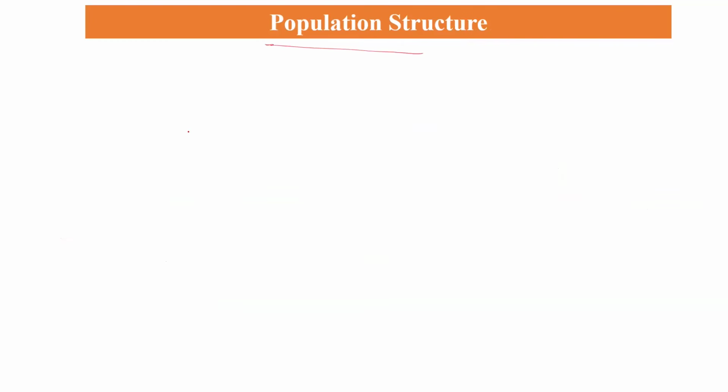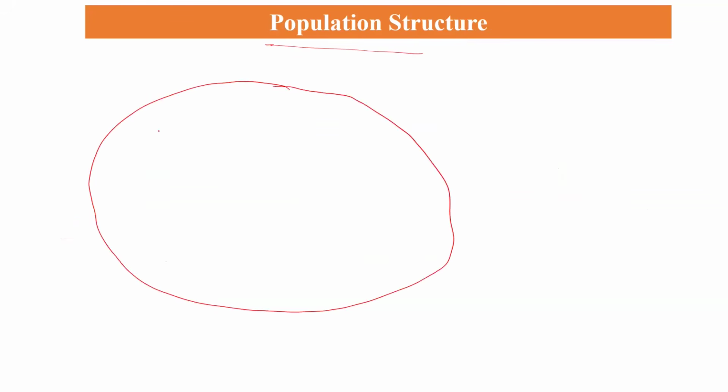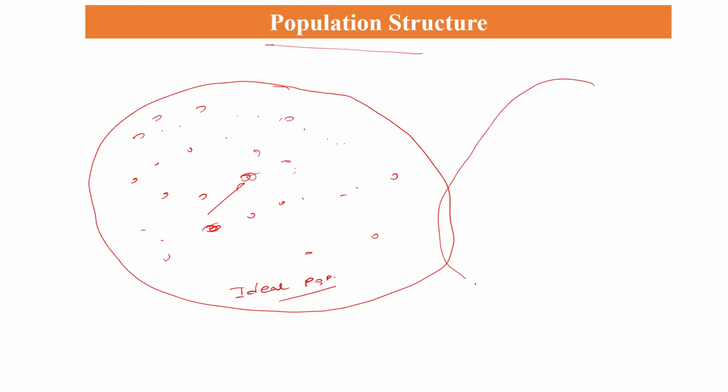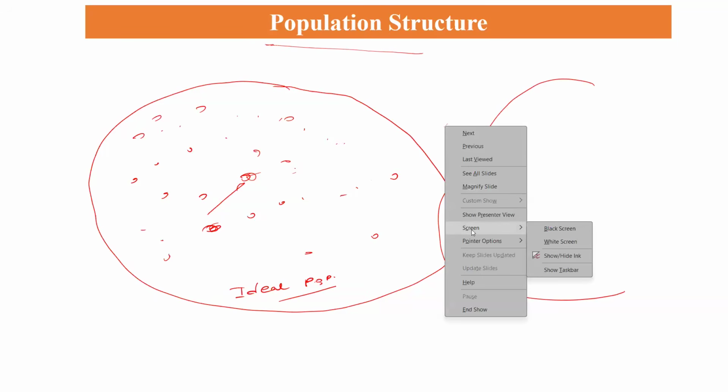If you have a population of individuals not related to each other, this is the ideal population, where each individual is not related to the others and all are diverse in nature.